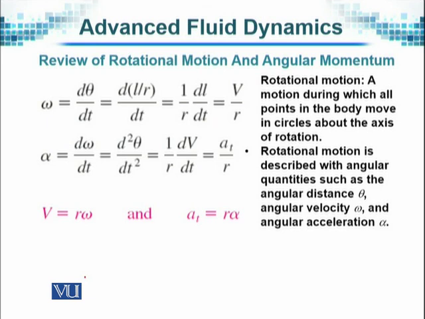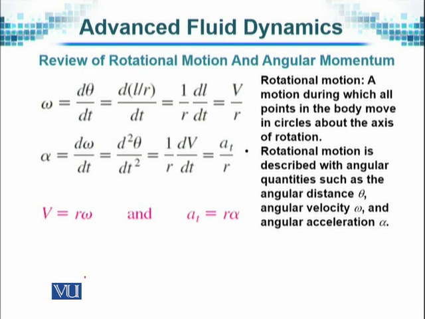So alpha will be d omega by dt, which is d squared theta by dt squared, and substituting the values, we obtain a_t over R.